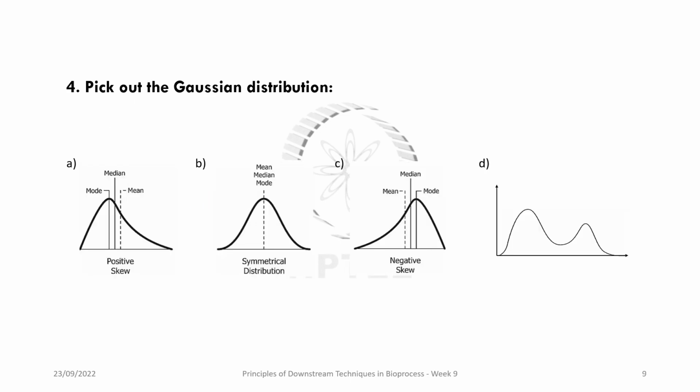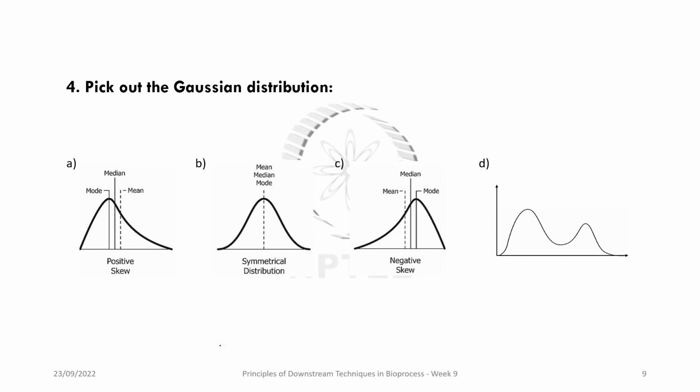Okay, question 4. Pick out the Gaussian distribution. You've been having this question last year, this year. I mean, of course, you won't know about last year, but I think this is there in the non-graded assignment. A similar question. What is the other name for Gaussian? So I thought I'll make pictorial options for you.